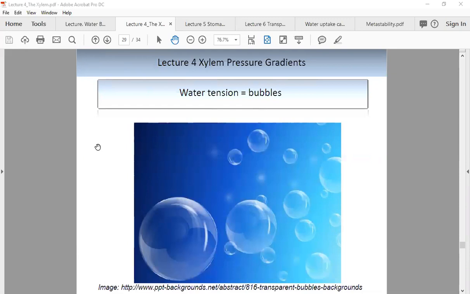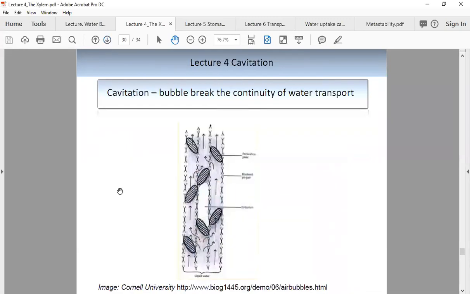But let's first start with why bubbles form in the first place. What could cause them to form in the xylem? Cavitation: formation of air bubbles that break the continuity of water transport.